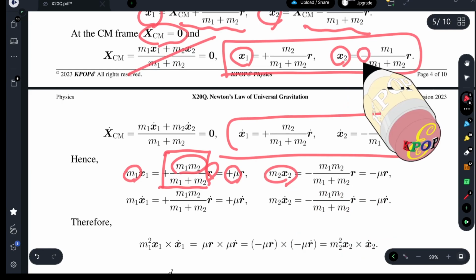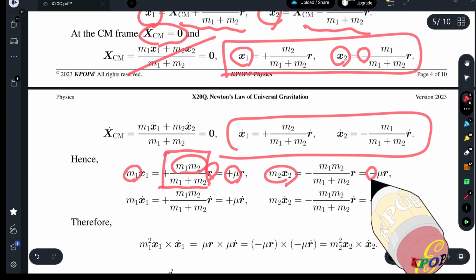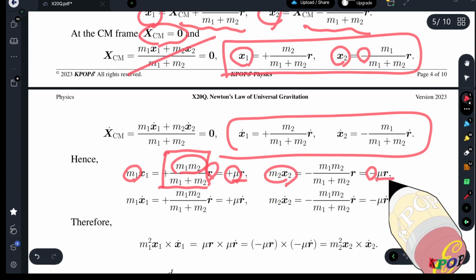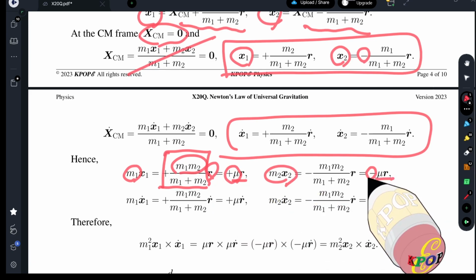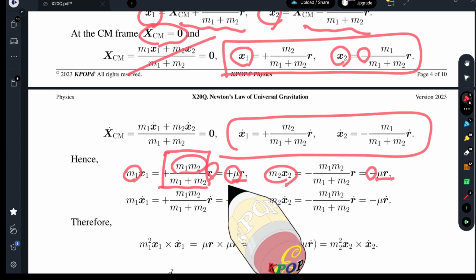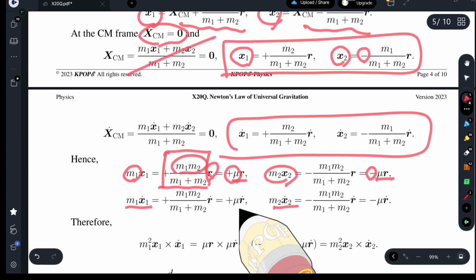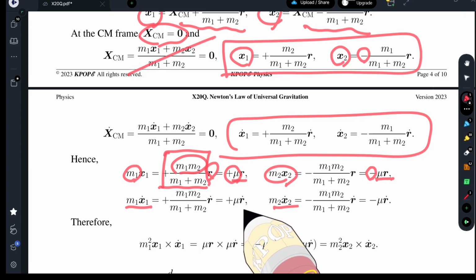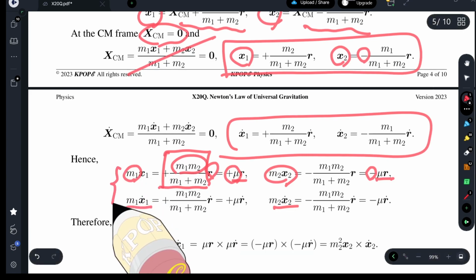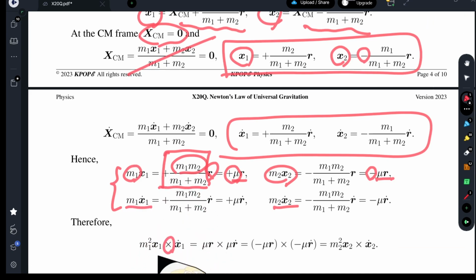Because of this negative sign, we have a negative sign, and they are exactly the same except for the sign. The relation holds even after taking the time derivative: the reduced mass multiplied by the velocity of the relative coordinate vector. We multiply these two by cross product, and mass squared appears in x1 cross x1 dot.